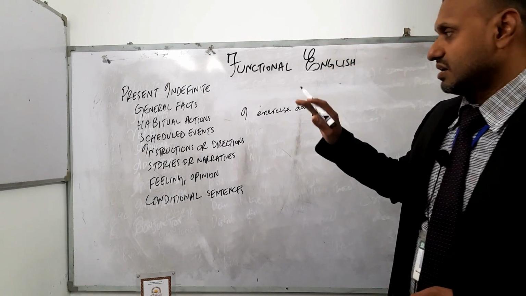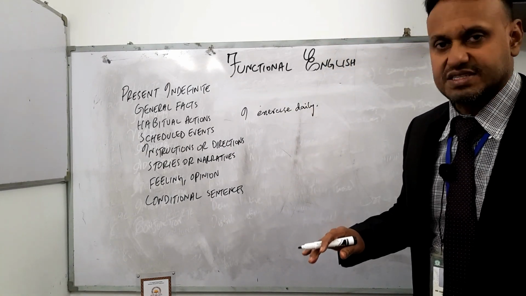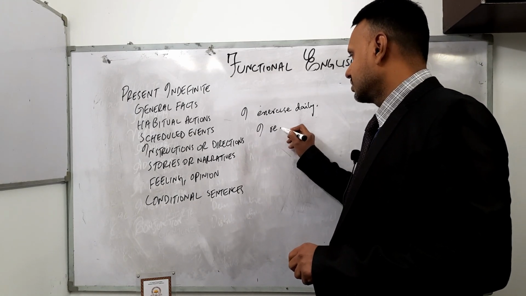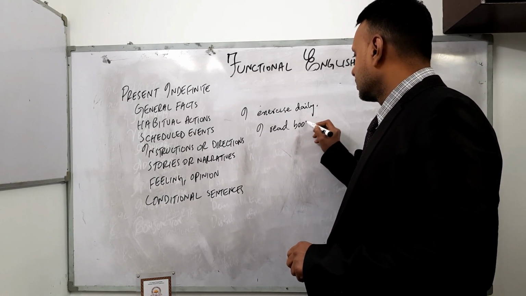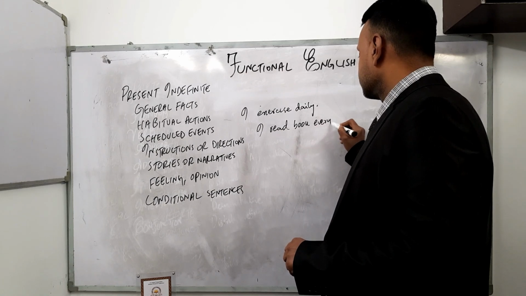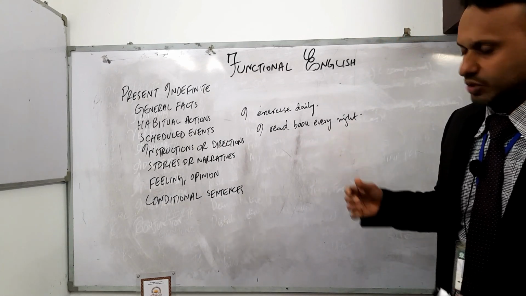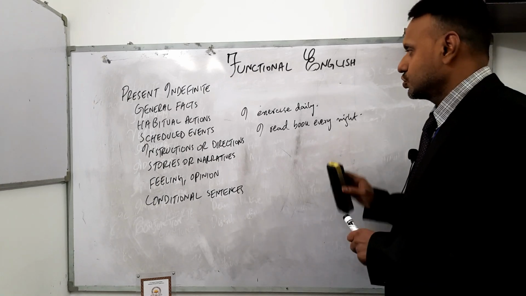That's again a habitual action which is expressed through present indefinite. If I was to write something else, that I read books every night, that's again a habitual action. So this is where we want to use present indefinite.